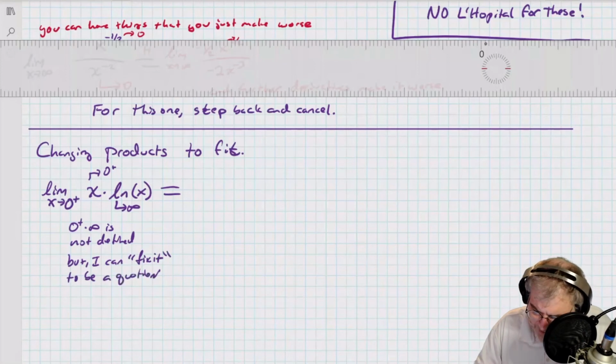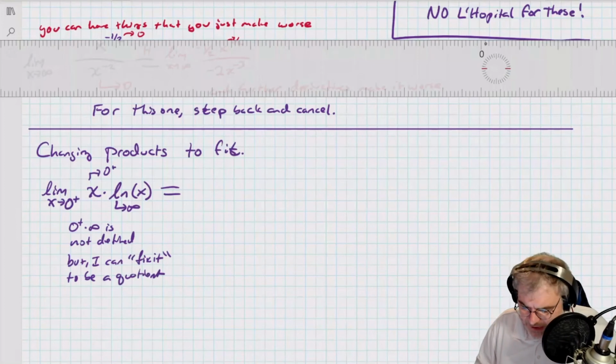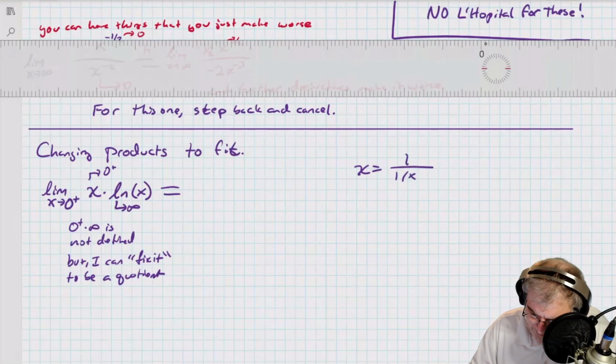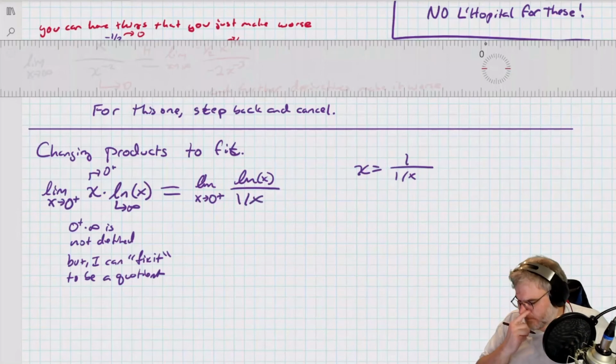So what I'm going to do is fix this to be a quotient. x equals 1 over 1 over x. I'm going to move this to the bottom as a 1 over x. So I'm going to do the limit as x goes to 0 plus, and instead of having this, I'm going to put ln of x on top and 1 over x on the bottom, because x equals that.